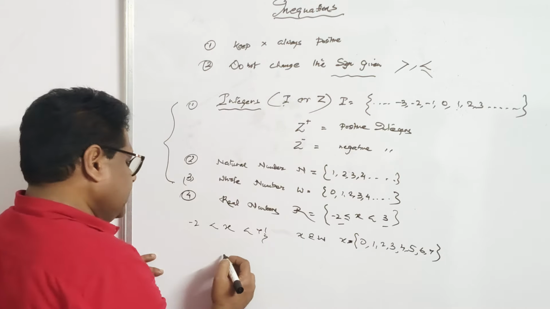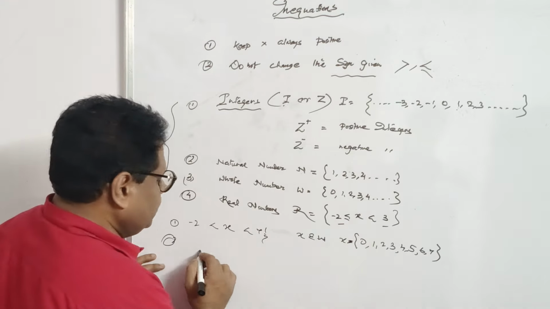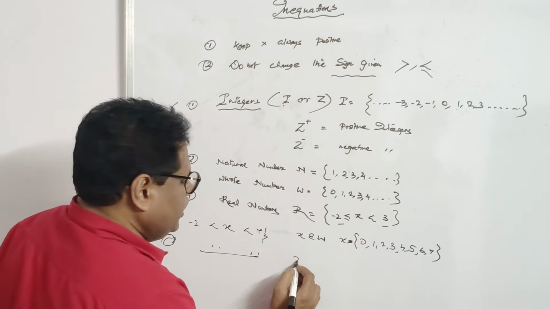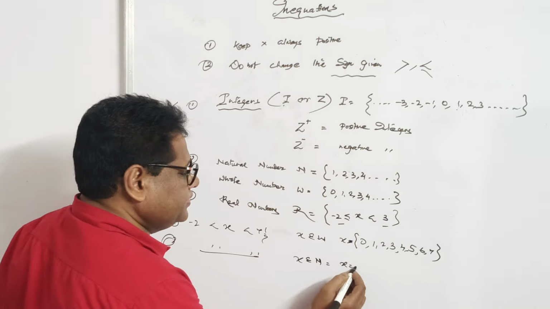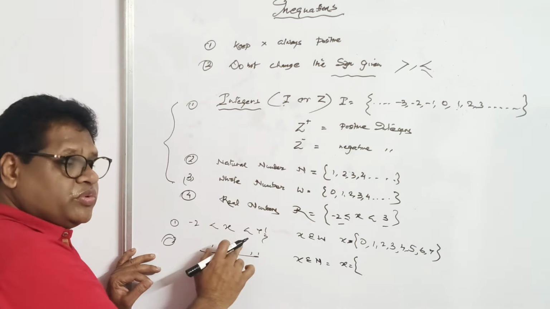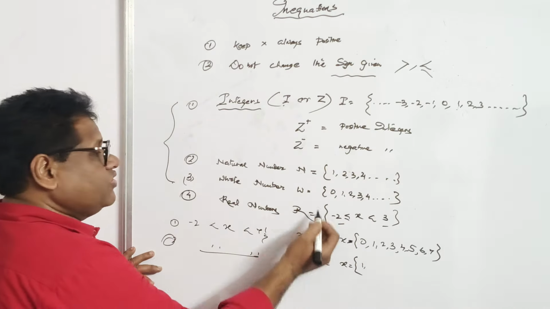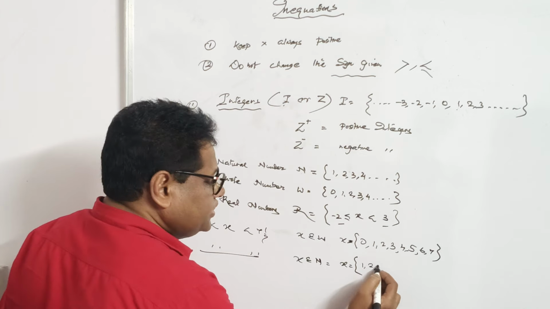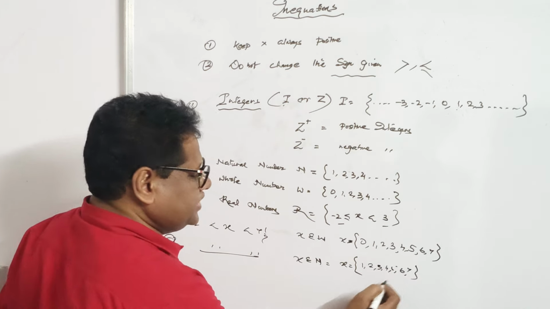Similarly, if it belongs to natural numbers, then the truth set, that means the elements satisfying this inequation, will start from 1 because natural numbers start from 1, as you can see. So 1, 2, 3, 4, 5, 6, 7, that's it.